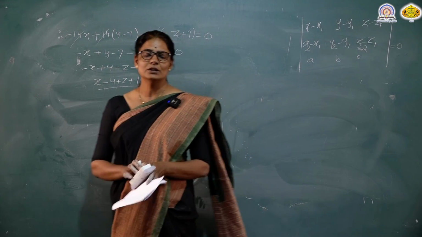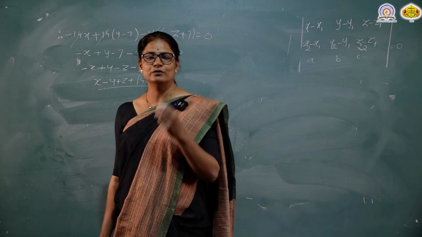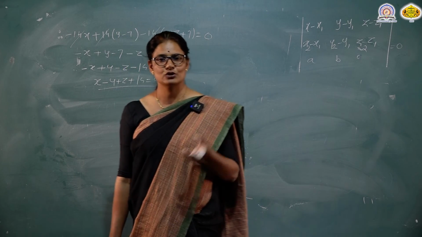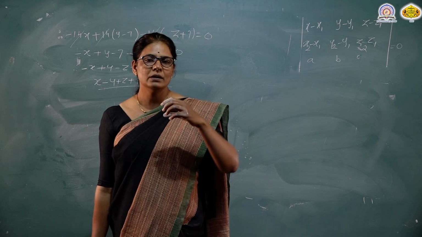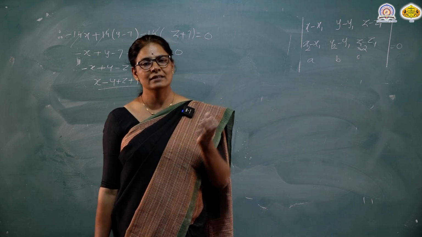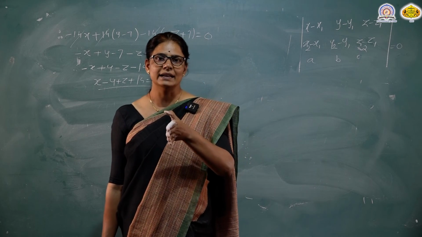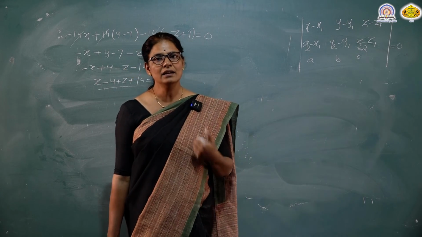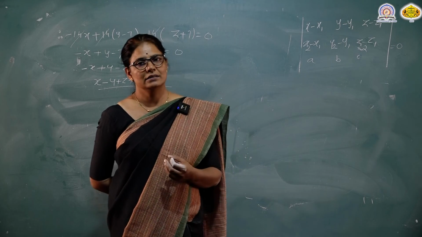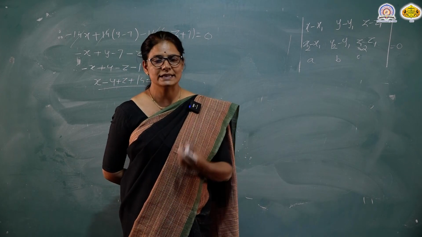In today's lecture, we saw how to find whether a line intersects the plane, and how to find the point of intersection of line and plane. We also saw the conditions so that a line lies on the plane, and the equation of the plane containing the given line. These are the three important points in today's lecture.